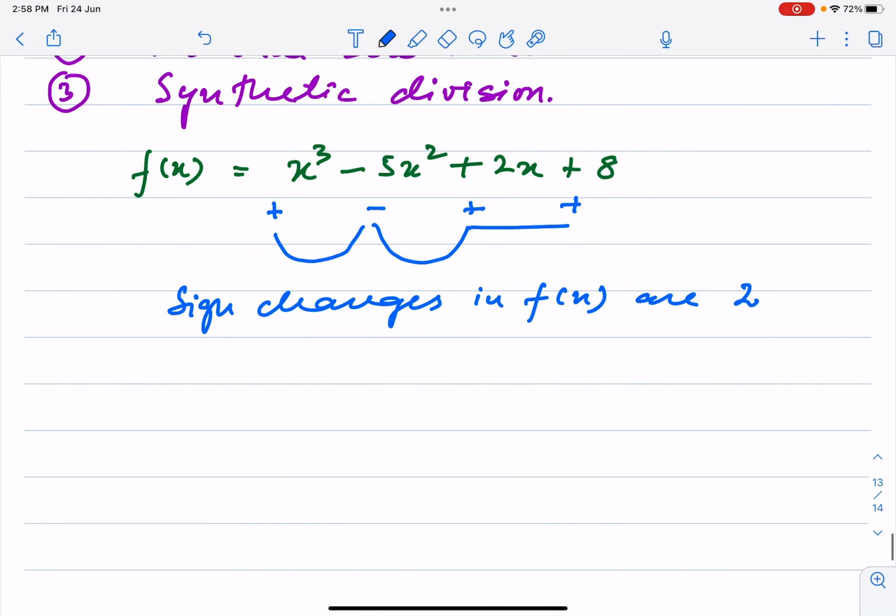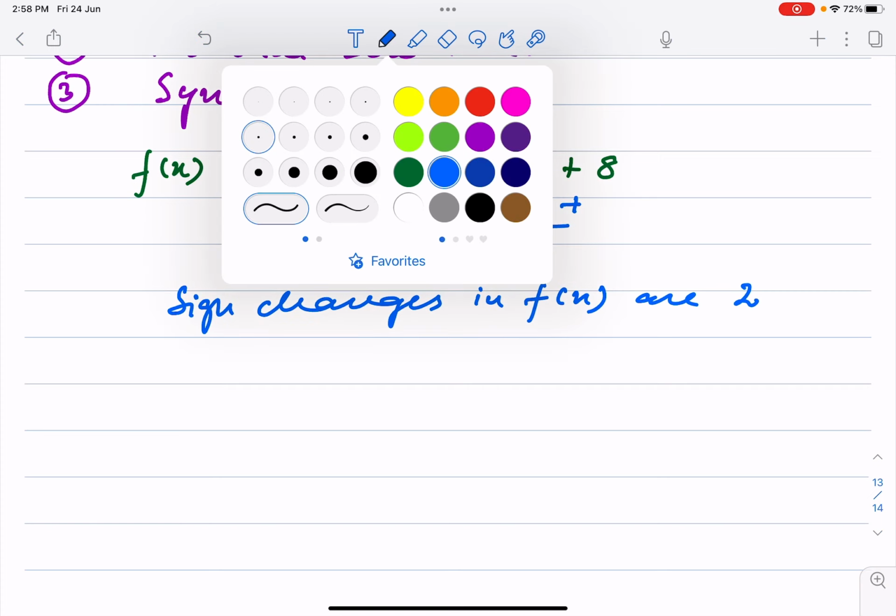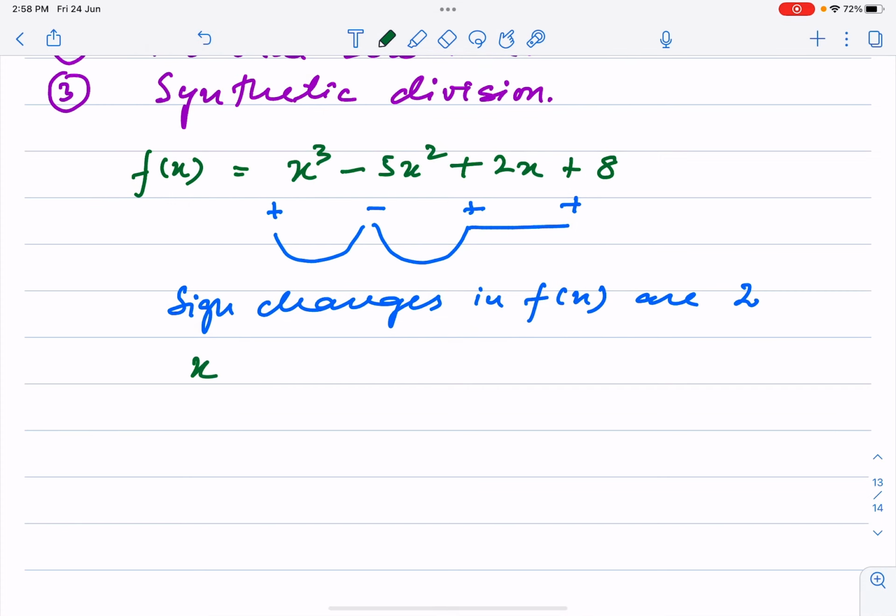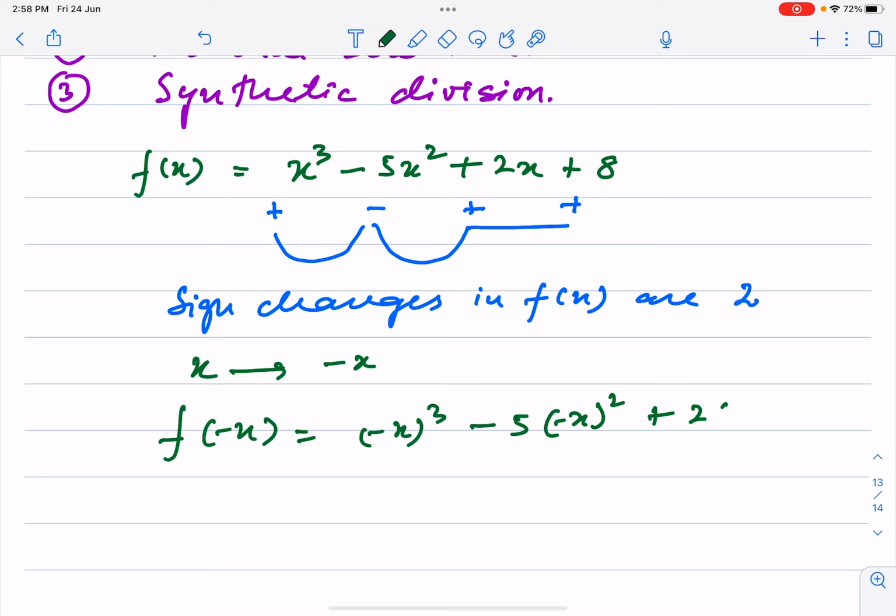Now if I want to find out the negative ones, I have to replace x by minus x. So f(minus x) is equal to minus x cube minus 5 times minus x square plus 2 into minus x plus 8. Minus x cube stays minus x cube. This becomes minus 5x square minus 2x plus 8.